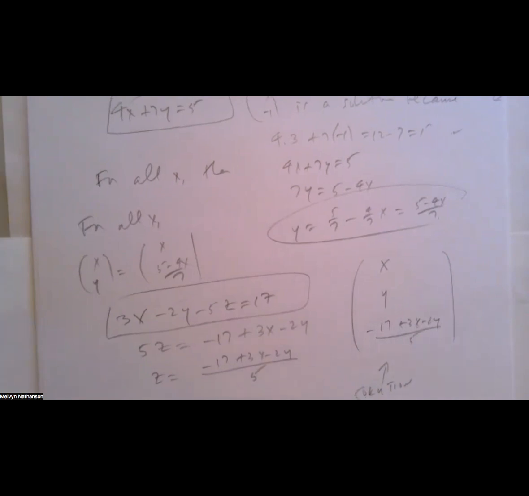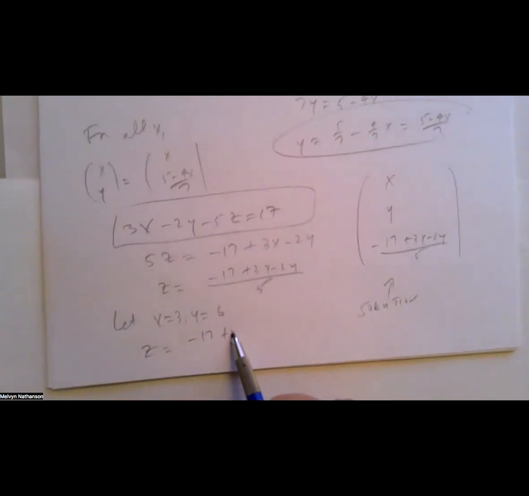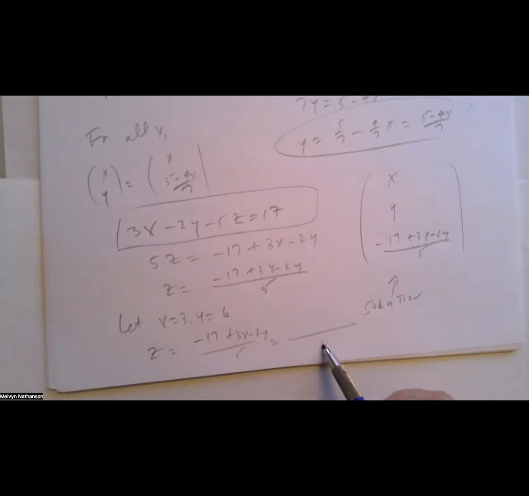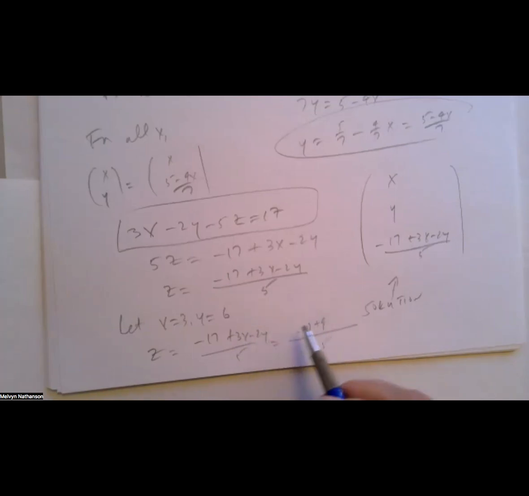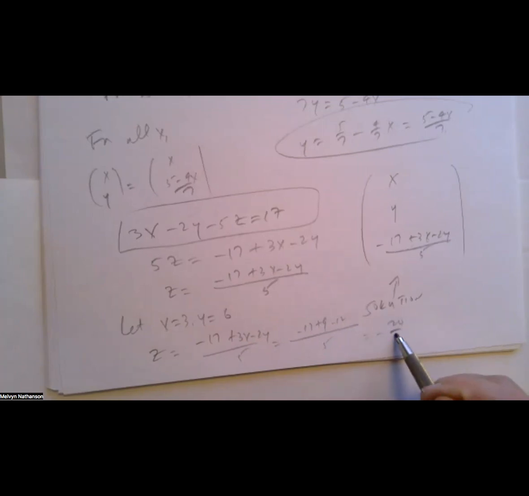So for example, if I let x equal 3 and y equal 6, what is z going to be? z is (minus 17 plus 3x minus 2y) over 5. That's (minus 17 plus 9 minus 12) over 5.